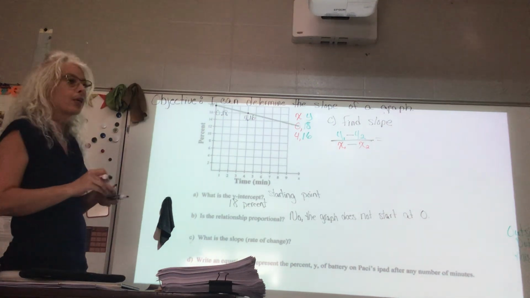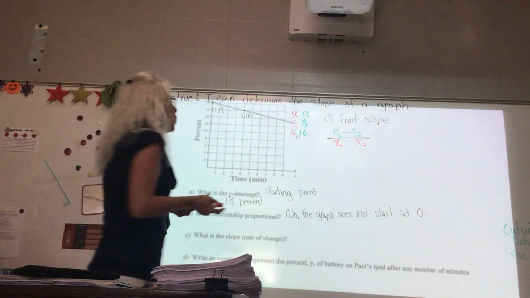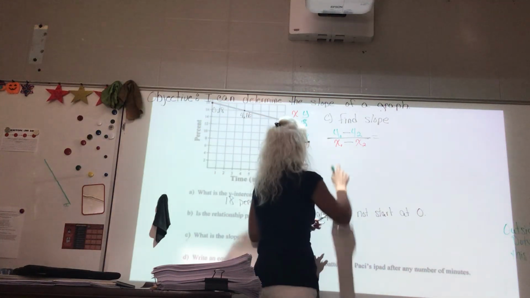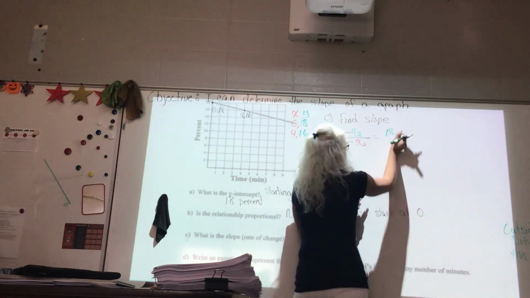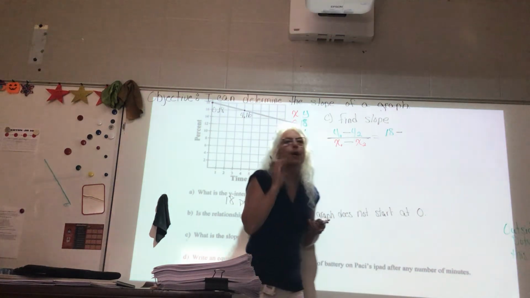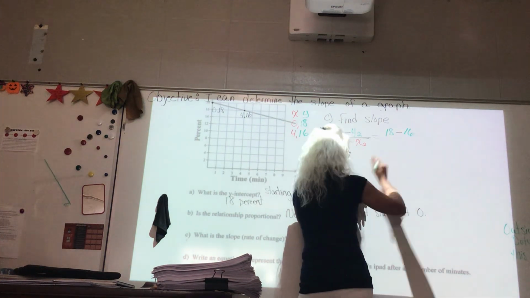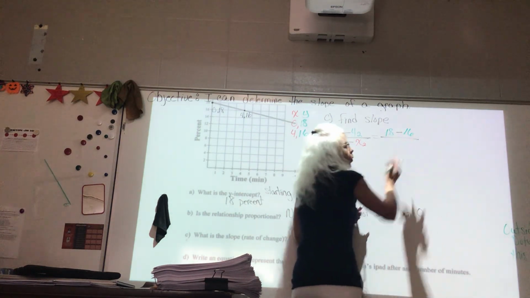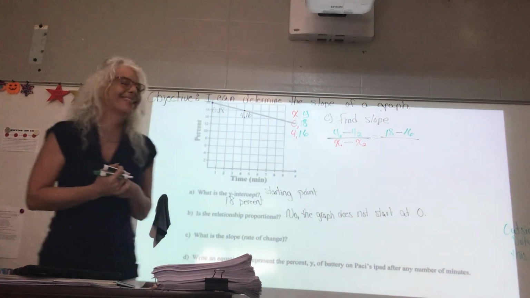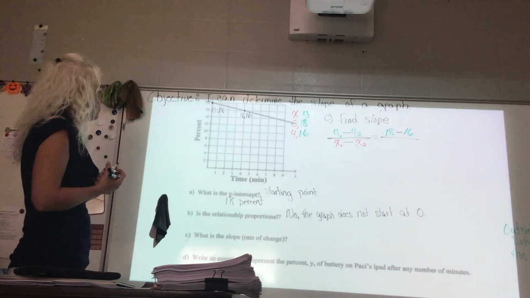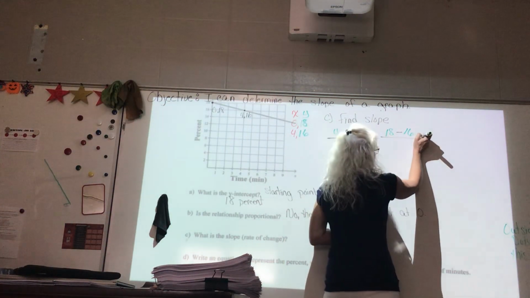So now we're just going to do the same thing, but we're going to add a little bit of detail to it. What am I going to put in for y sub 1? 18. Subtract, what am I gonna put in for y sub 2? What label is on the y-axis? Is it the time or percent? Percent, so we're gonna put percent.